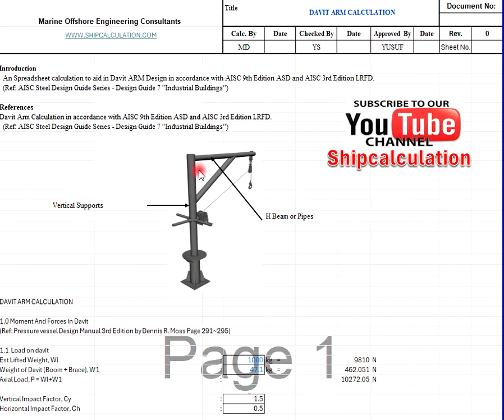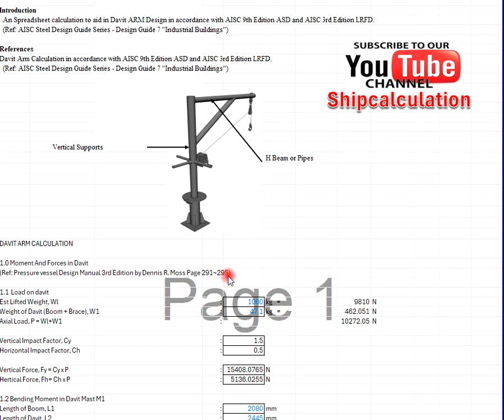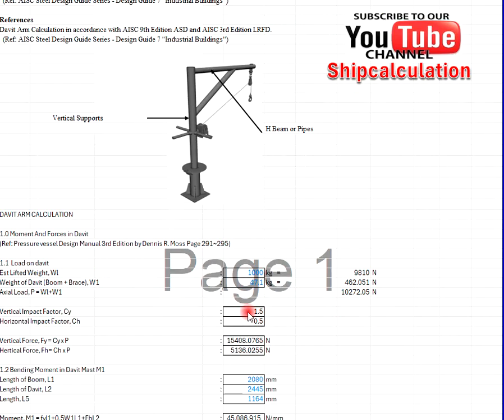This is the vertical support, and then the H-beam you can use based on the design load that you require. At this moment, the calculation applies a load of 1 ton or 1000 kg.